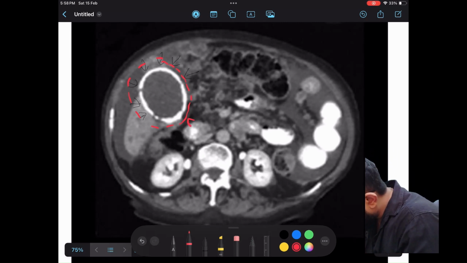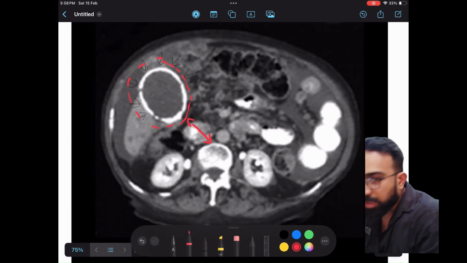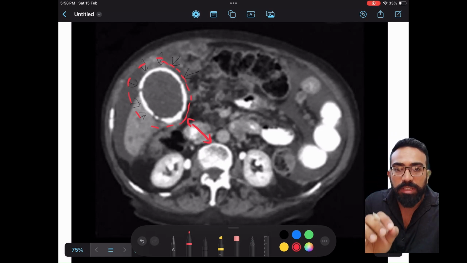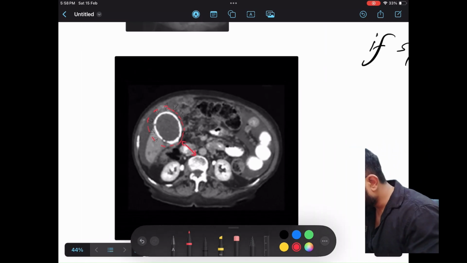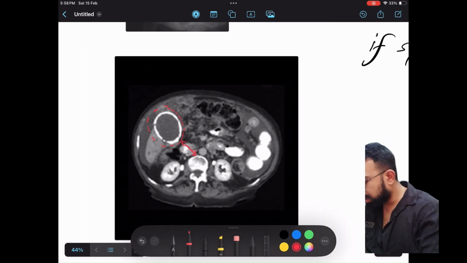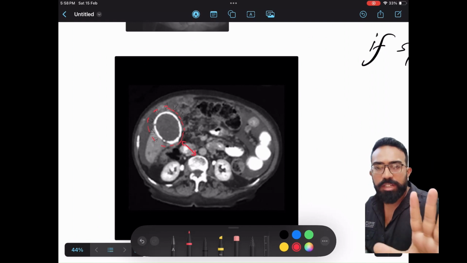You compare this with the vertebrae, it is almost the same look as that of the bone. So I want you to remember the CT images, all the radiological images.